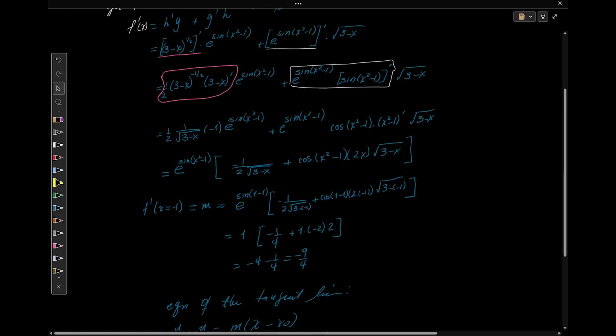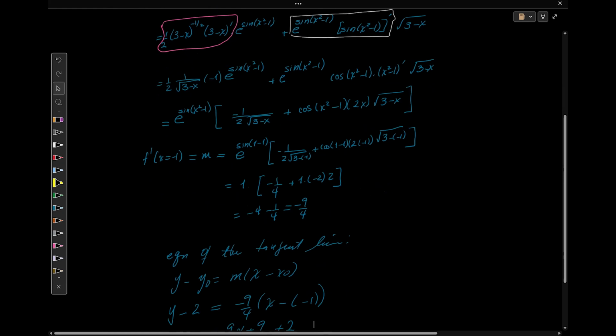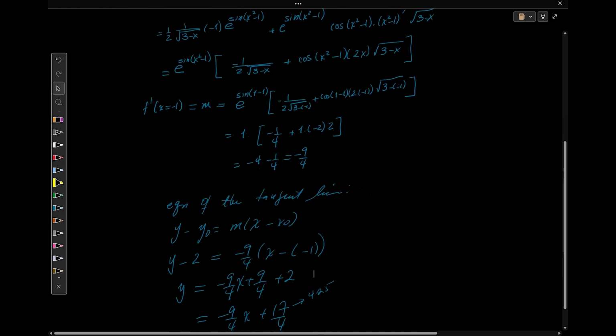And 2 will give me a 4. Excellent. And here I have a 1. And here I have 2 times 1. -1 is -2. And here comes 2, 4. Here's a negative. Okay. So that is the slope.